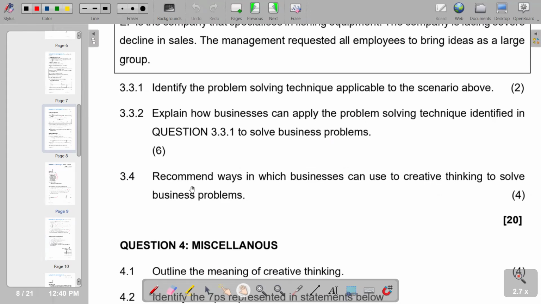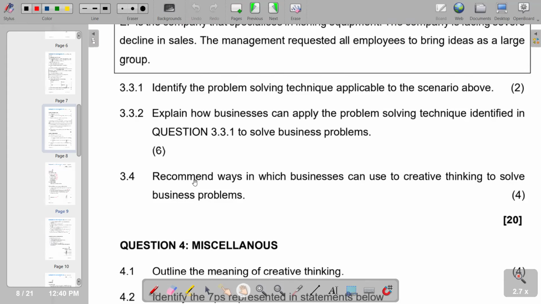So obviously, to use creative thinking, they should maybe employ the use of a suggestion box, so that if there are any new ideas that come up, they can be channeled through the suggestion box. Some people might be afraid to come up with their new ideas, but if they are given a way to present their ideas in a secret way, they might show up and become free to do so. So basically, that's what we have. Suggestion box is another way.